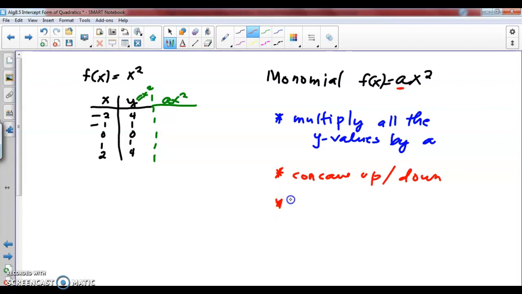And last but not the least, it could cause a vertical shrink or stretch to the graph of the parent function. So those are the most important concepts that you have to know if the given function is monomial.